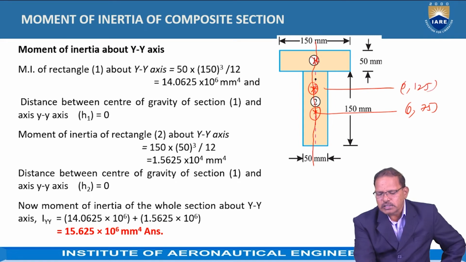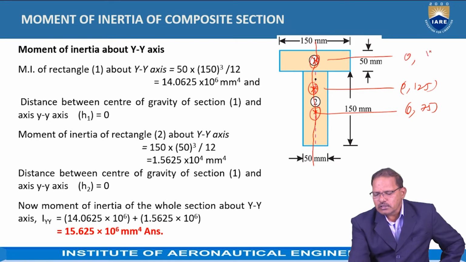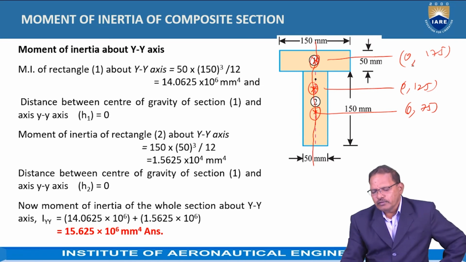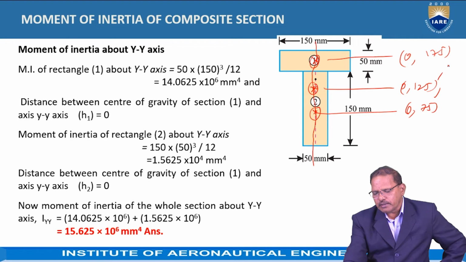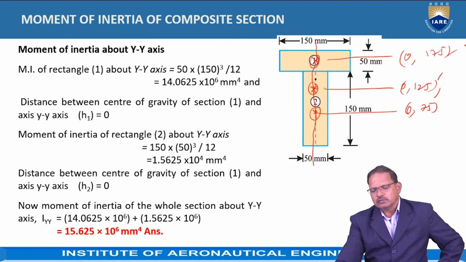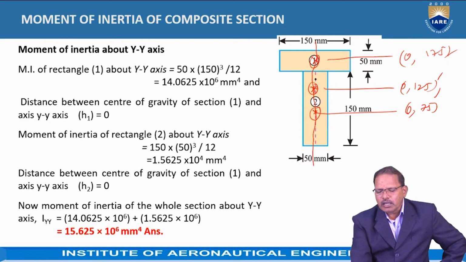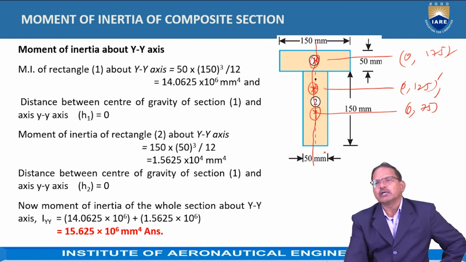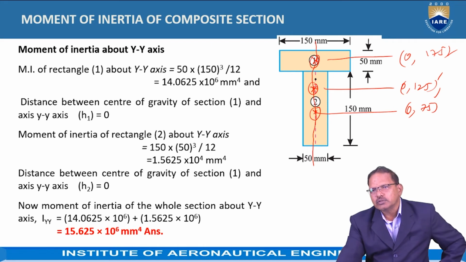The first section is again 0 and 175. The exercise about the x-axis is completed by taking the y coordinate difference. But when you are taking about the y-axis, the x coordinate difference is 0, because here 0, 0, 0. That means HY1 is equal to 0, HY2 is equal to 0 and so on.